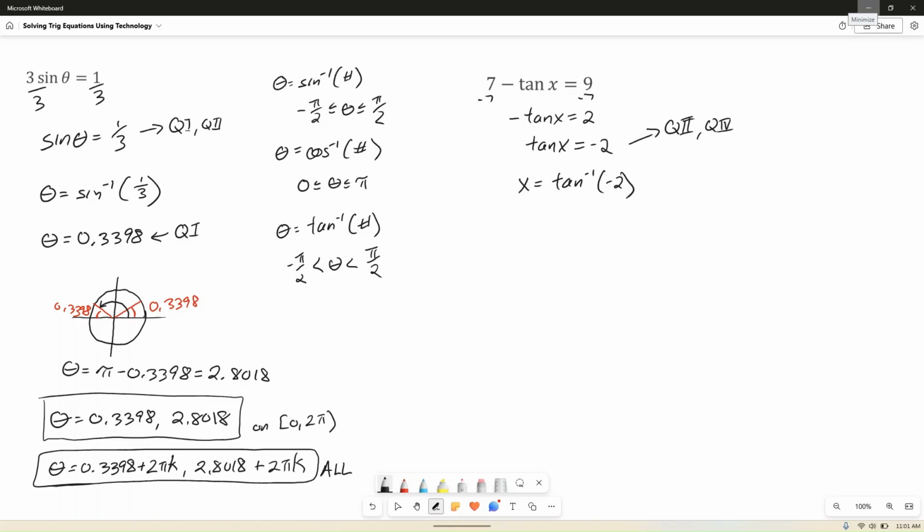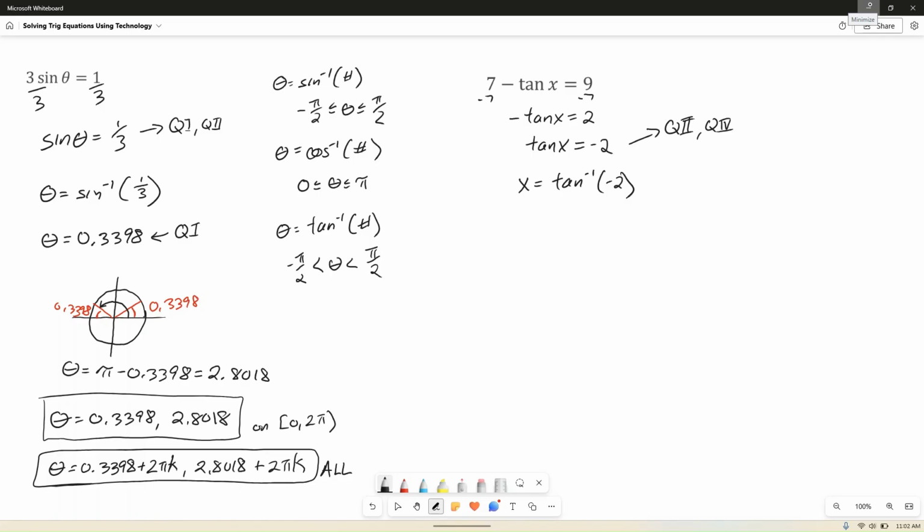So there are two values that make tangent equal to a negative 2 on the unit circle. But there's only one that we're going to get when we do the inverse tangent. Okay, and if you remember, inverse tangent is always going to produce an answer between negative pi over 2 and positive pi over 2. So that's somewhere in the fourth quadrant or in the first quadrant.